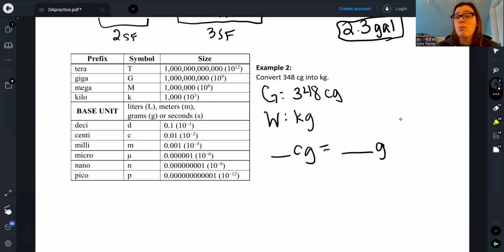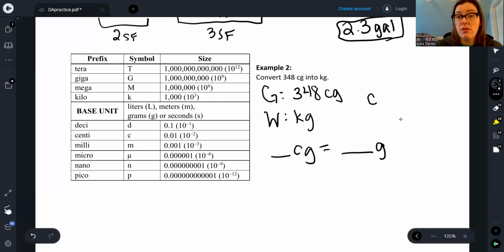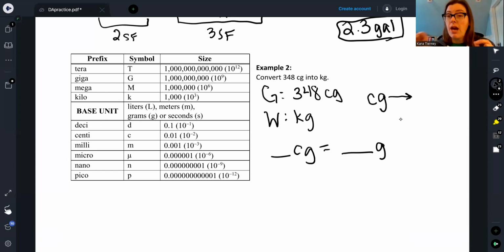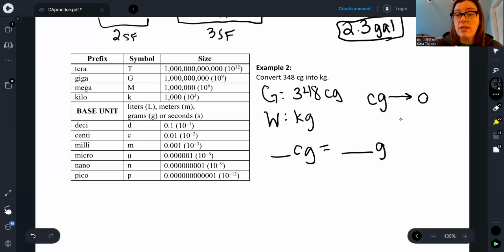So that means we're going to have to do this in multiple steps. We're going to start with centigrams. Whenever we write our map, we always start with our given unit, and we have to make sure that the last unit in my map is our wanted unit. We can only go from centigrams to grams. That's our only choice.